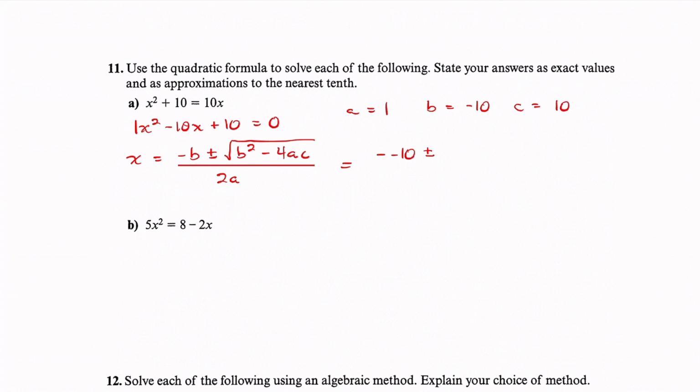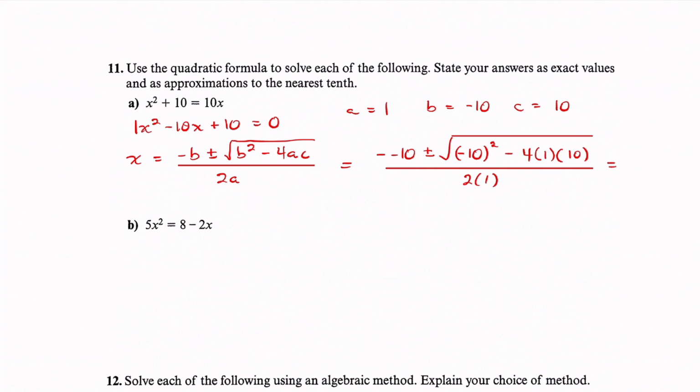And then we got plus or minus b squared. So that's negative 10 squared. Minus 4 times a, which is a 1, times c, which is a 10. And all of that was in a square root. And then we're going to take that and divide by 2 times a, where a is a 1.